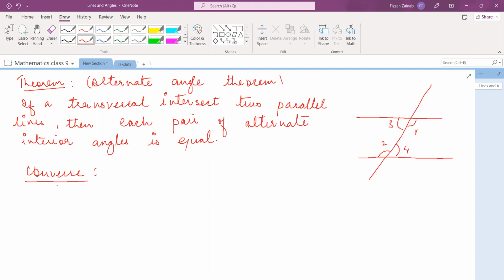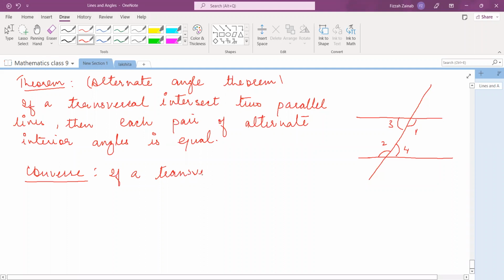Okay, just write down, I'll explain it. If a transversal intersects two lines.